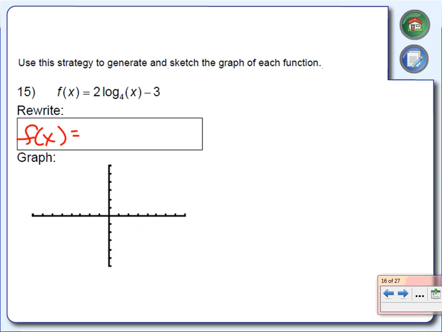So what am I going to write for my numerator then? Log of x squared. Okay. Log of x squared.